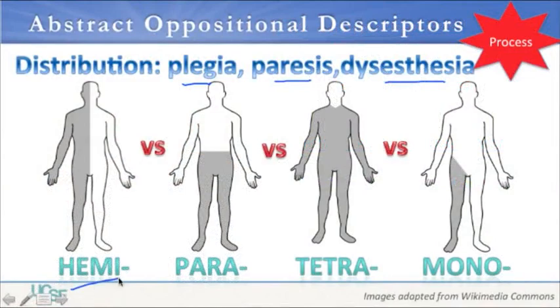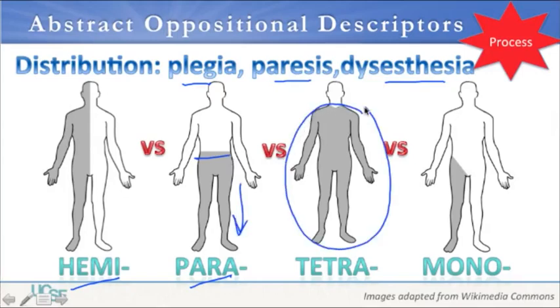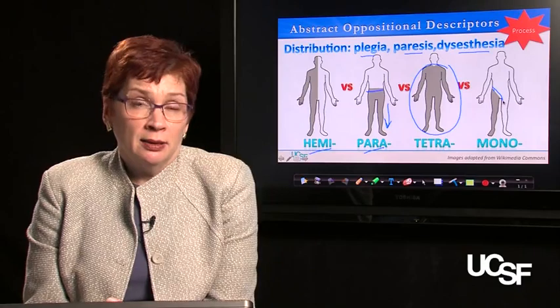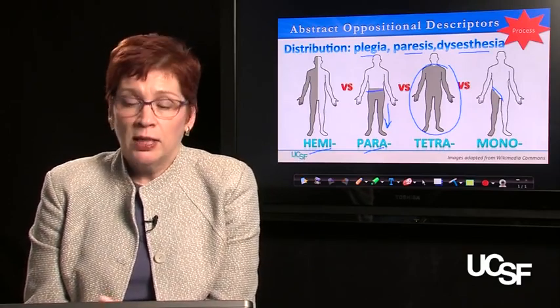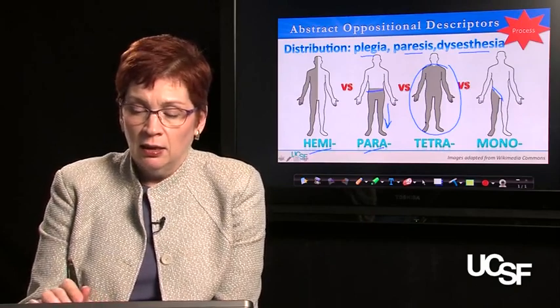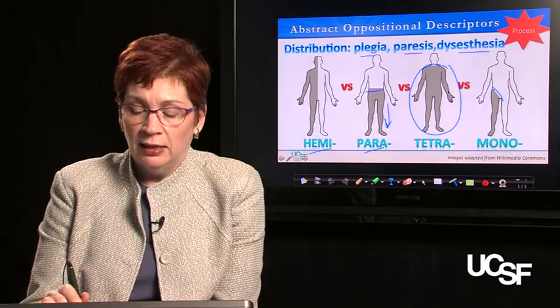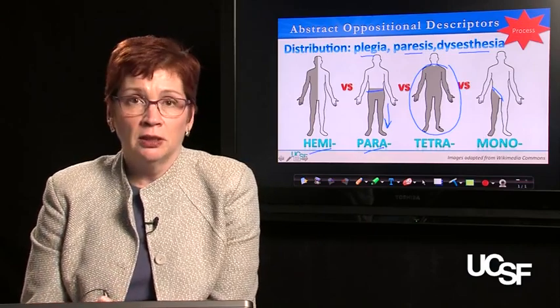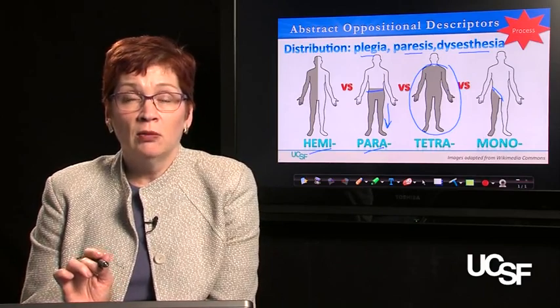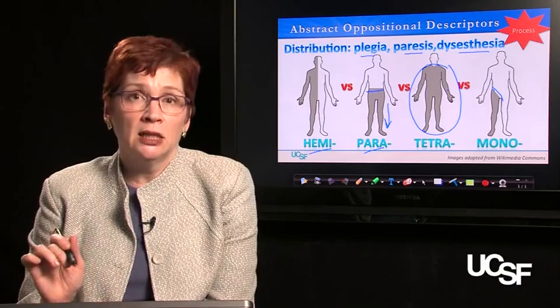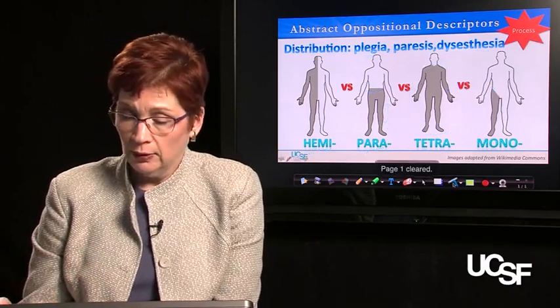Hemi, one side of the body, para, lower aspect of the body, tetra, all 4, or mono, single limb. Again, this is sort of a shorthand for the physician. Instead of saying they have weakness in their leg, arm, left leg, and left arm, they can say they have tetraplegia. And it's instantly recognizable not only to their memory stores, but to the memory stores of any clinician with whom they interact.